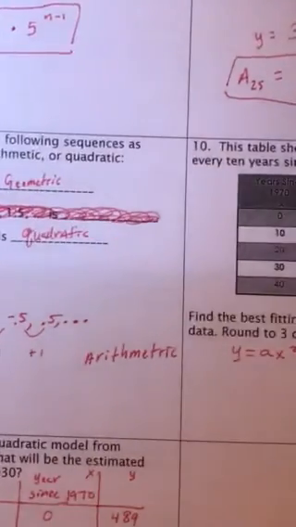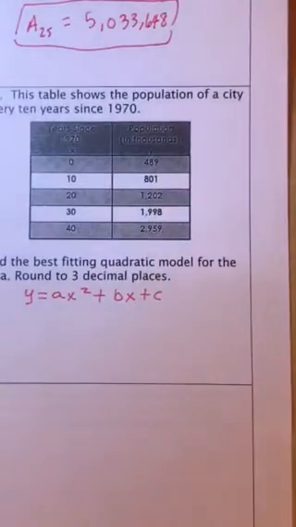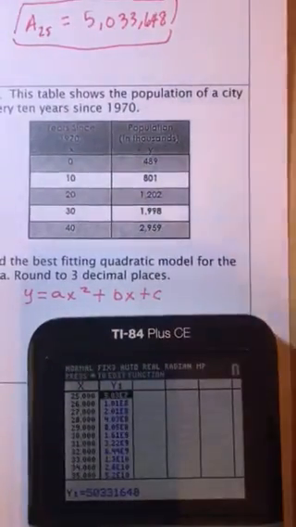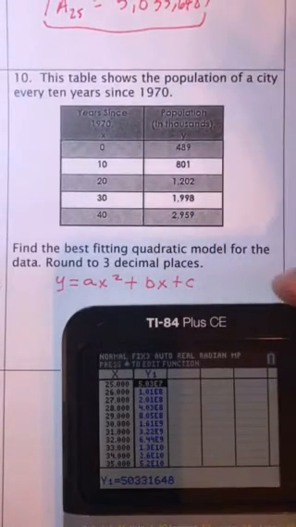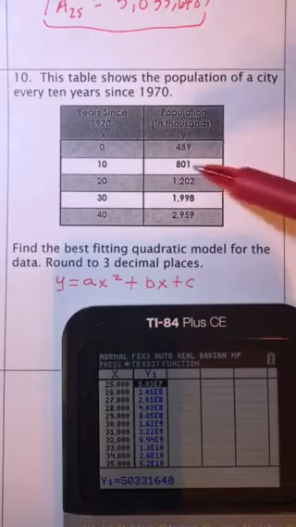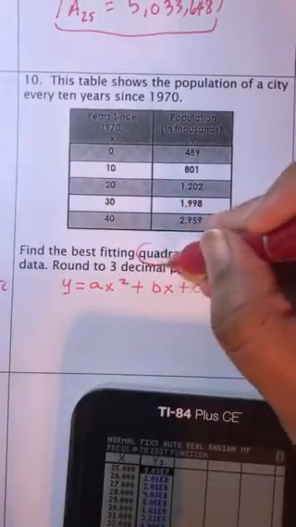Okay. Number 10. Y'all should know we talked about these kinds of questions. It's a stat question. We have a table. It's asking for an equation. So if you look here, it's telling us specifically quadratic.